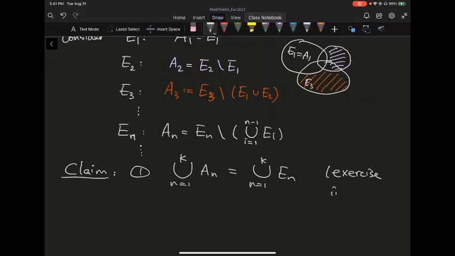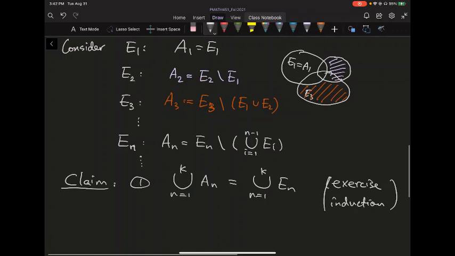As you can see from the picture, A1 equals E1. Then A1 union A2 contains everything that's in E2 or in E1, so I get E1 union E2, and so on. So that's quite easy.